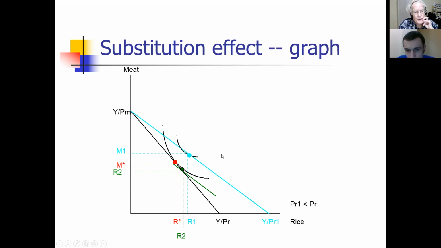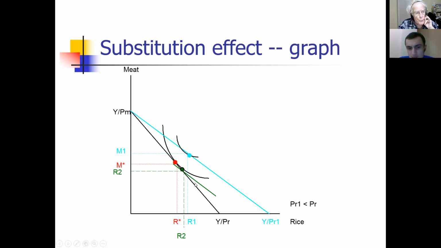So that means that we have held constant the prices at the new level. That is, the slope is now in magnitude the new price of rice relative to the price of meat that has not changed.